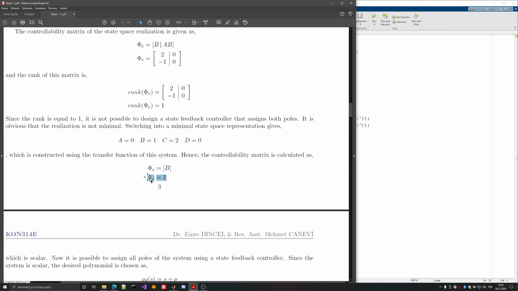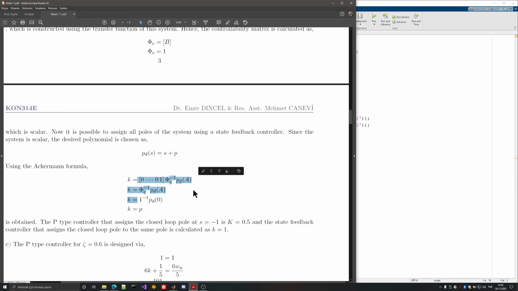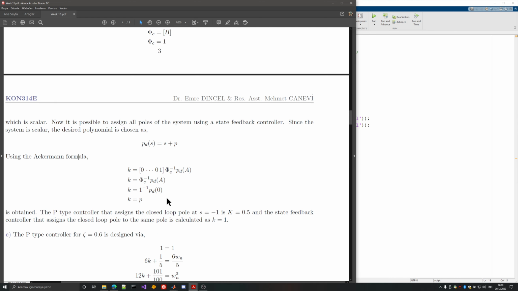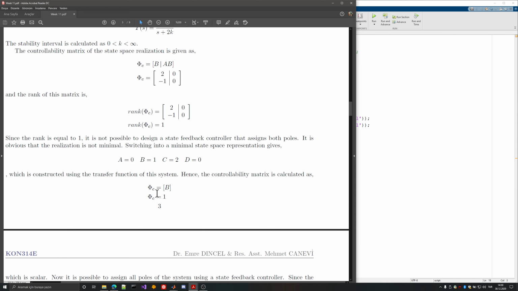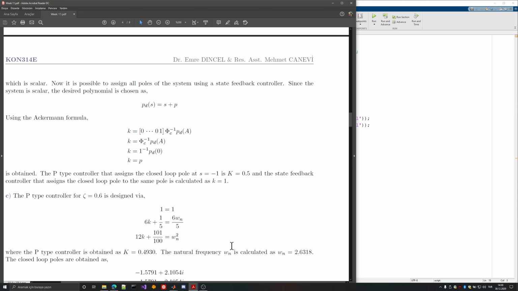Since this is only a scalar, this is 1, and you get s plus p, and plugging it into this gives you K equals p for this one here. And if you want to assign a pole, you use 0.5, the other one uses 1. It depends on the model you're using. If this has 2 in it, then this is the case. If it would be equal to 1 and this would be 2, then as you've seen, 0.5 will be needed.